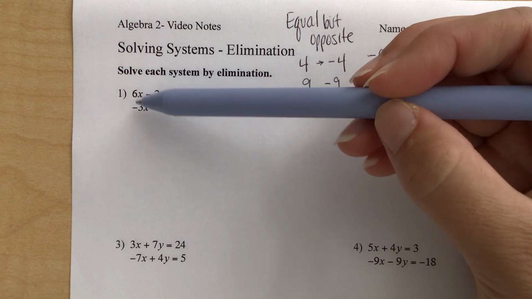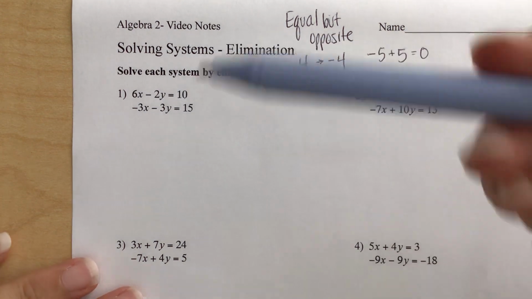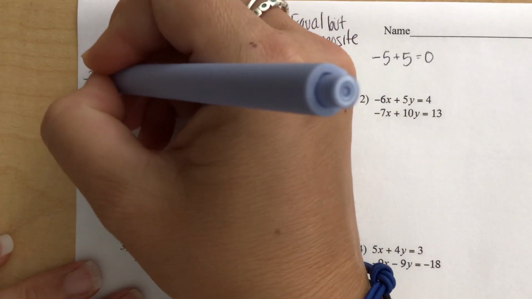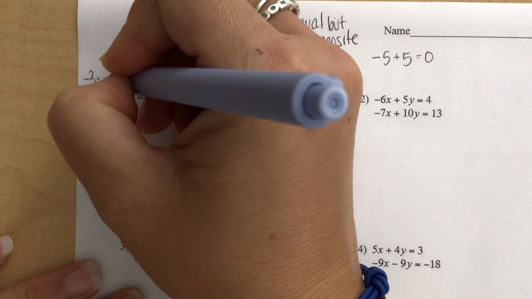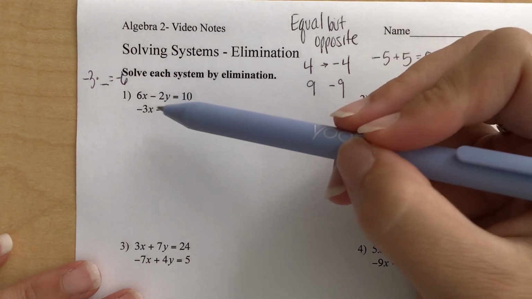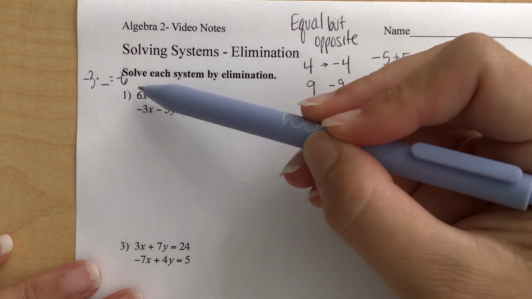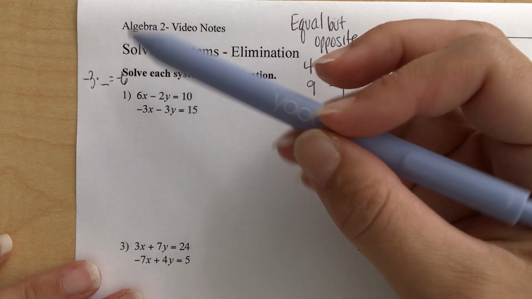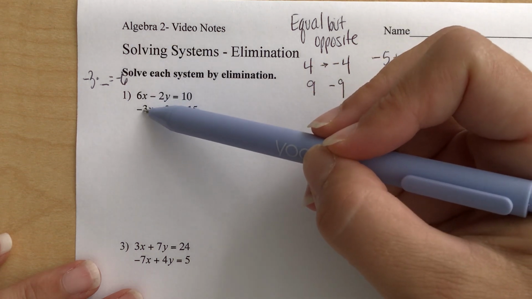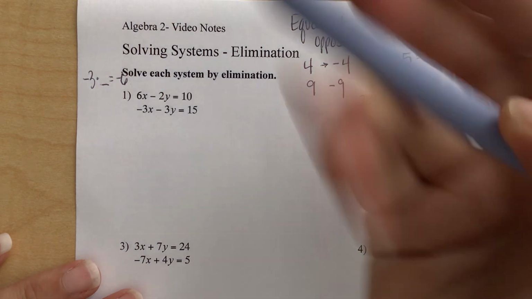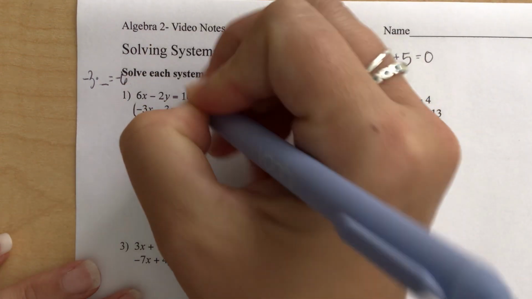So I have 6 and I have -3. What I'm thinking in my head is, -3 times what is going to give me -6? Because I want this to be -6 so that these are equal but opposite. That's going to be 2.